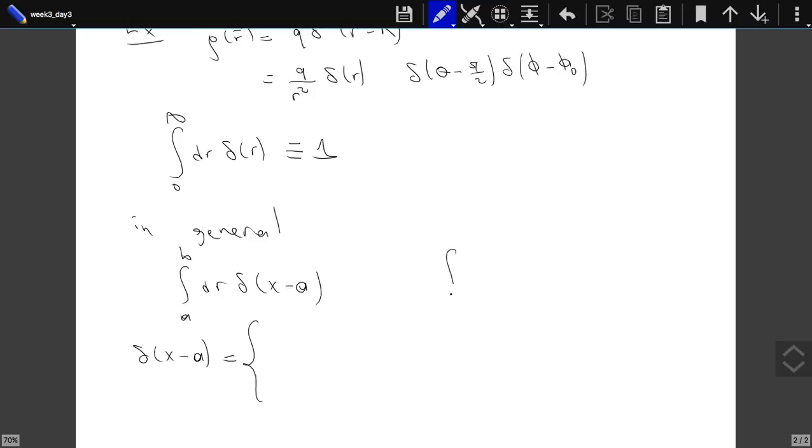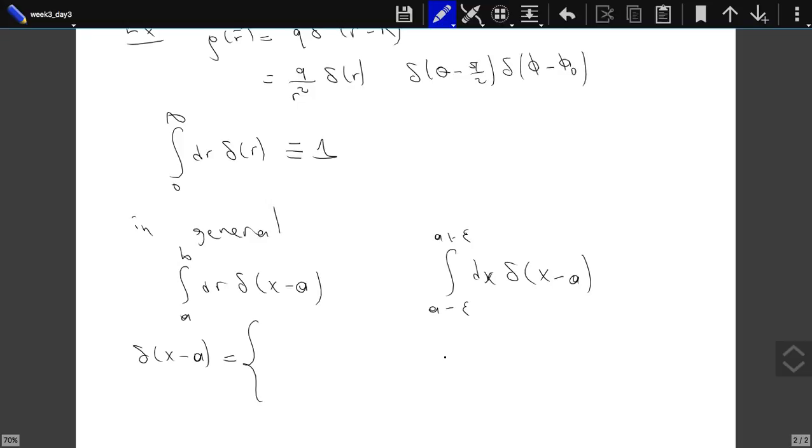If you say from a minus epsilon to a plus epsilon, then you already say that your Dirac delta is in your interval. You are already defining the limit.